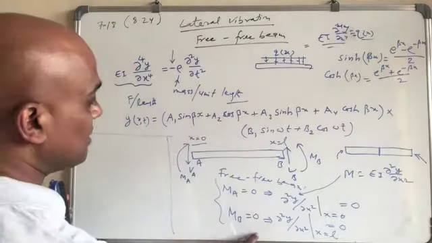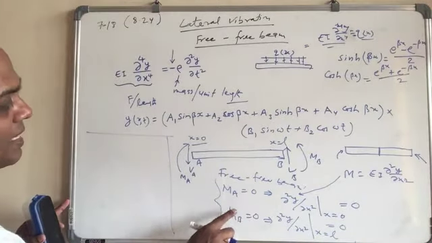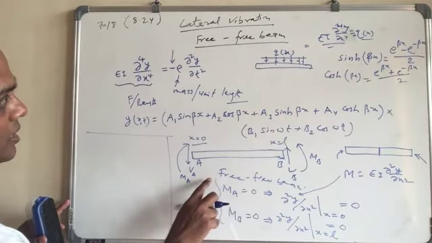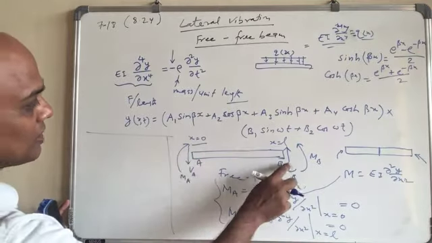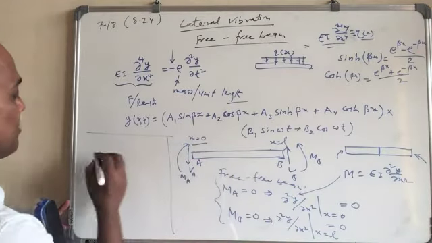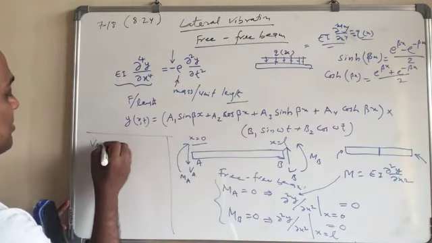Similarly, the second thing is the shear forces: VA and VB are also 0. So VA is equal to 0.